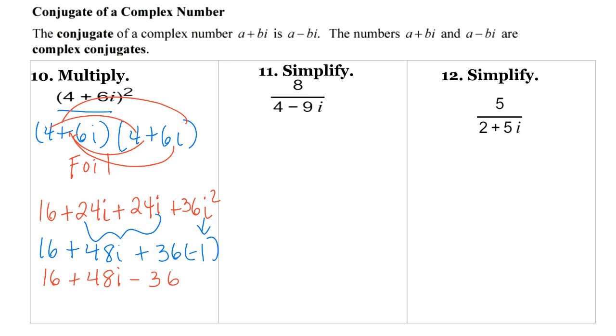And now I combine like terms. So the only thing I can combine is the -36 and the +16, which is -20. And then I just bring down my +48i. And my final answer is -20 plus 48i.